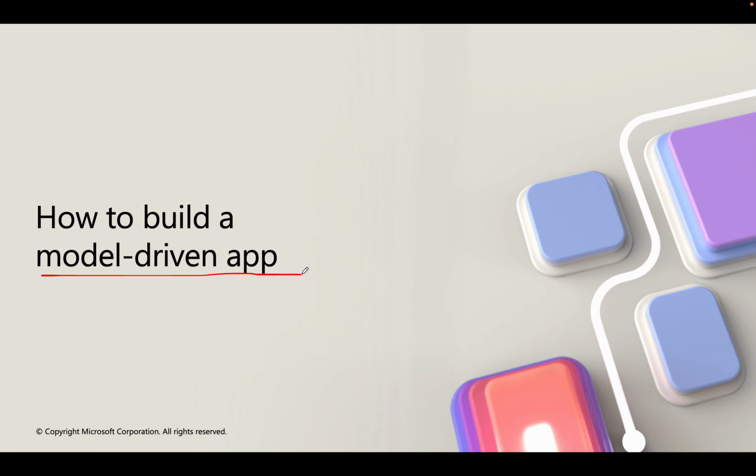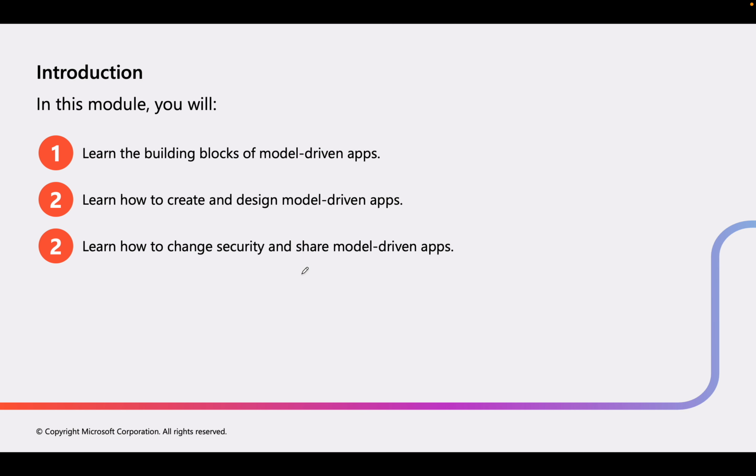How to build a model-driven app. Inside this module, we are going to learn the building blocks of a model-driven app. We may learn how to create and design the model-driven app, and we may change the security and share the model-driven app.